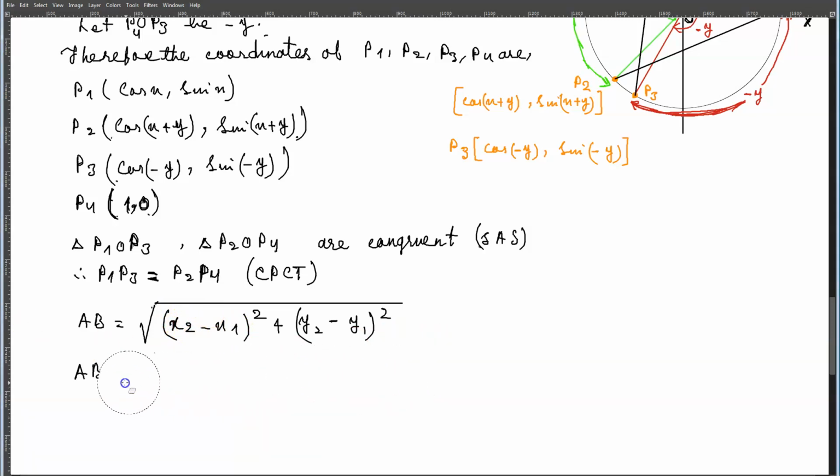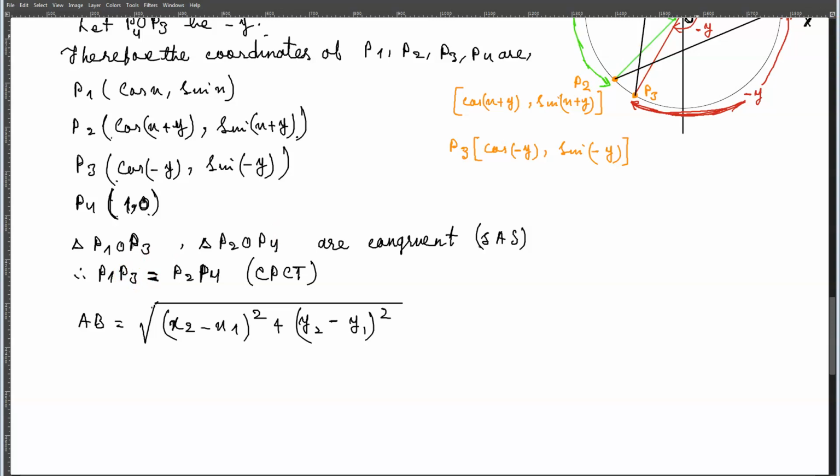Now I'm going to take this form of the formula, and since we said that these two distances are the same, first of all I'm going to calculate P1 P3.